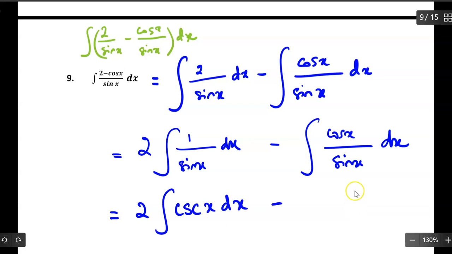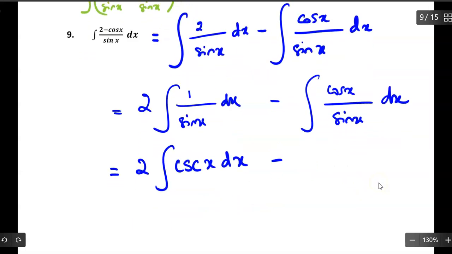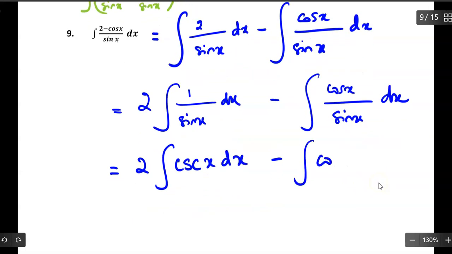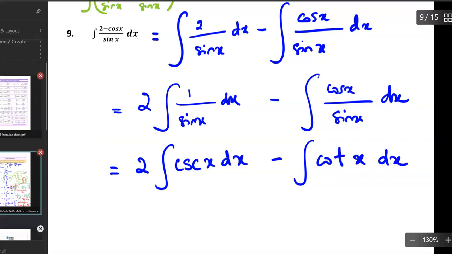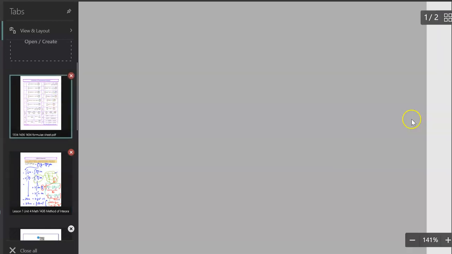What is cos over sine? The trig identity is equal to cotangent. So the integral of cotangent of x dx. And there are formulas I can just apply for this. What is the integral of cosecant? And what is the integral of cotangent? Okay, so let's go to our formulas.